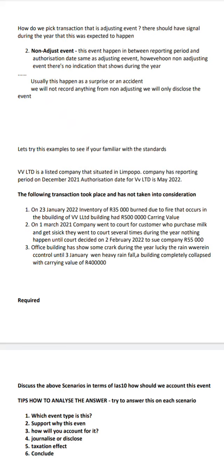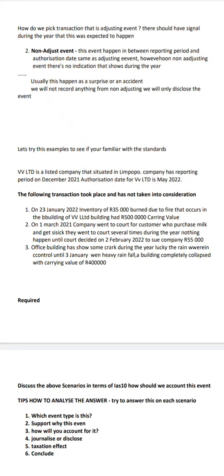The inventory has burned due to fire. Now the question is, is this IAS 10? That's the first question. Yes, it's IAS 10. Why? It happened between 31 December 2021 and May 2022. Yes, we have to apply IAS 10.